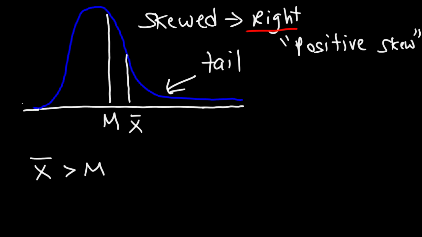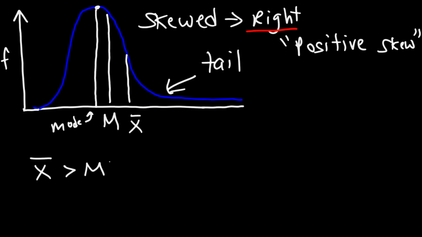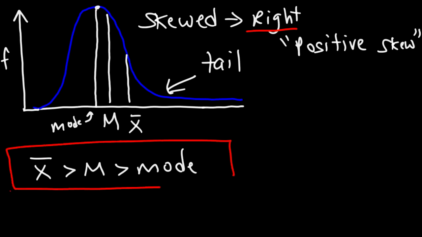The mode occurs at the highest frequency, so basically at the top of this graph. So the mode would be right here. Notice that the mode is less than the median, or we can say that the median is greater than the mode. So in a unimodal distribution, the mean is going to be greater than the median, and the median will be greater than the mode.